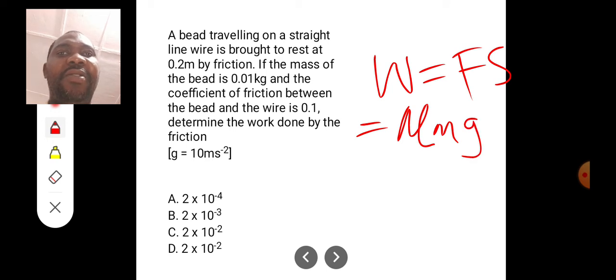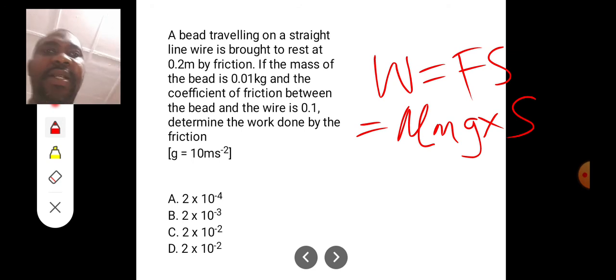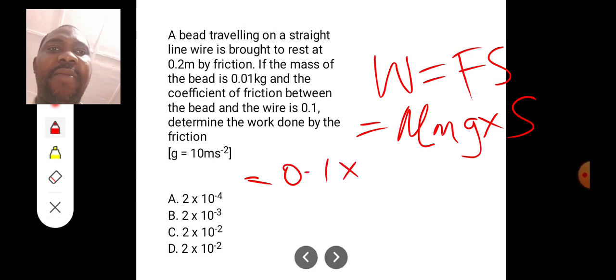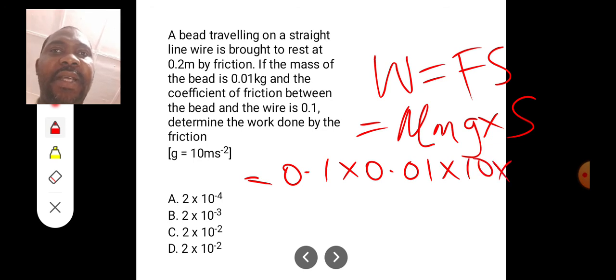Frictional force is mu mg. Watch my video on friction. Mu there is the coefficient of friction, m is mass, and g is acceleration due to gravity. Of course, everything here will be multiplied by the distance s. So if we substitute values, your coefficient of friction mu is 0.1, multiplied by the mass m, which is 0.01, then multiplied by acceleration due to gravity, we're using 10, then your distance s is 0.2.